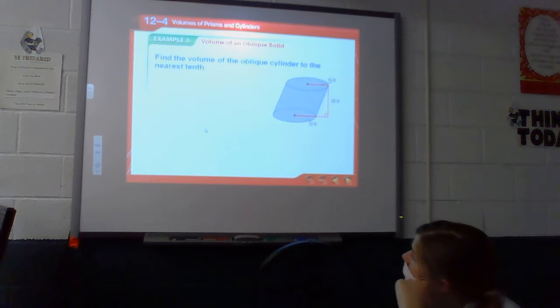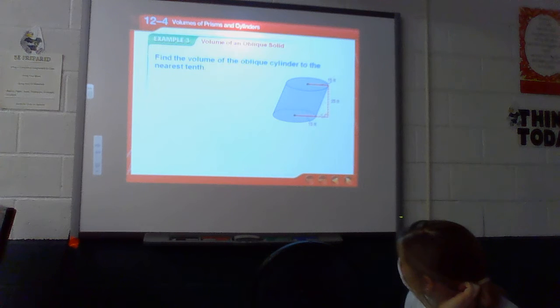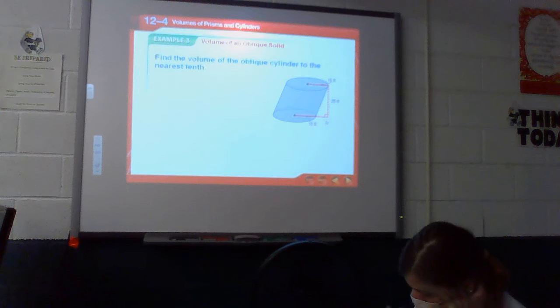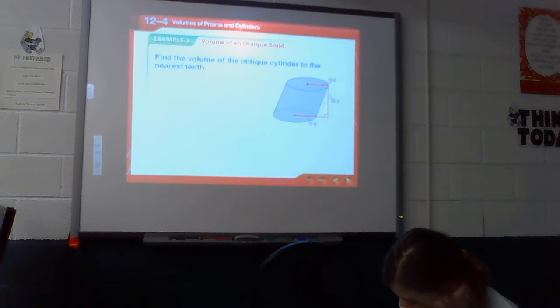Okay, so find the volume of the oblique cylinder. So here's the question. Notice where my height is in this case. It doesn't go straight down the middle. It comes out to the side actually. And then they put their box. So I still know that this is my height. Now here's the question. Does this little extension part matter in the problem? No. Because all I'm concerned about is the height, right?